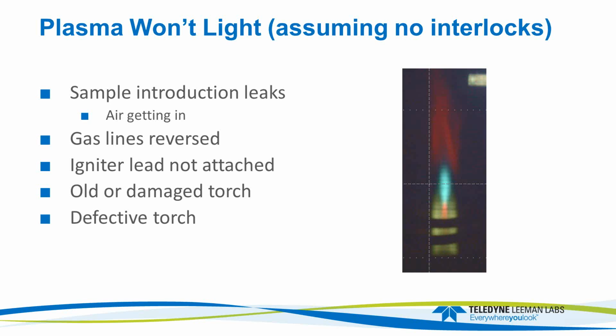Or a defective torch. There are sometimes where the torch, coming from the manufacturer or the supplier, is just not right. And that's something, get that torch returned, call them up, get that thing replaced. It's not very frequent, but it is possible that you have a defective torch. And next is bad gas.